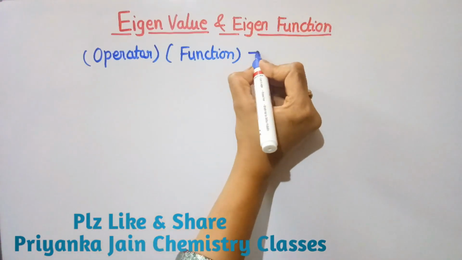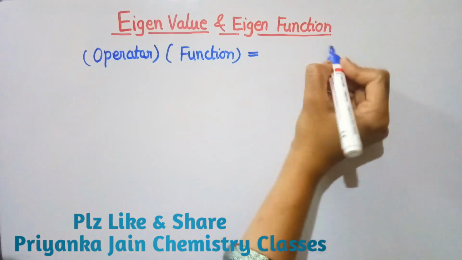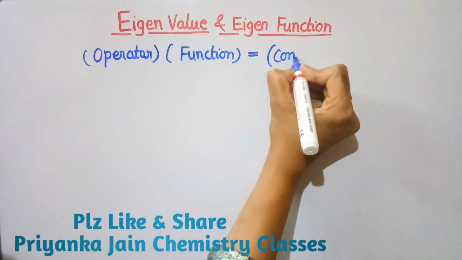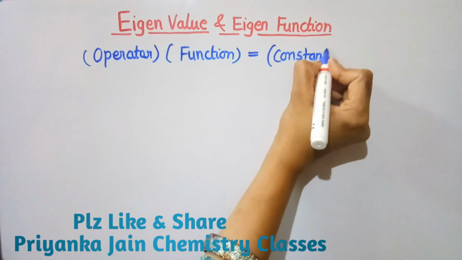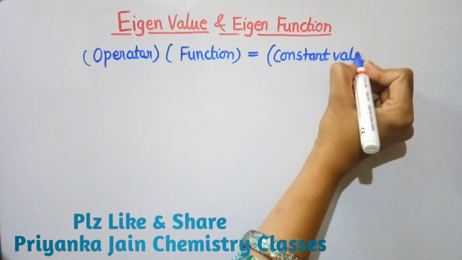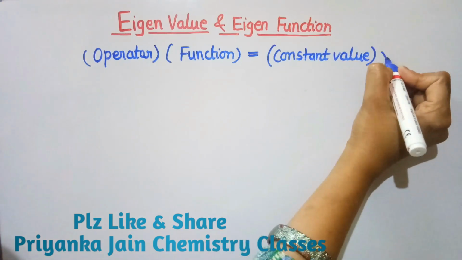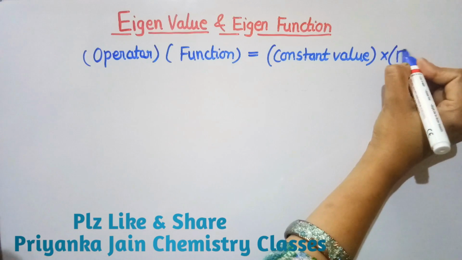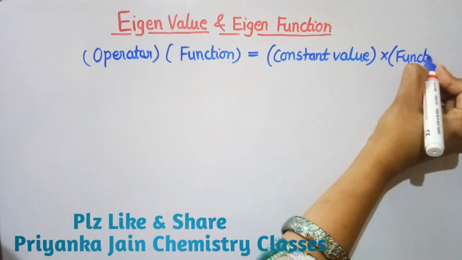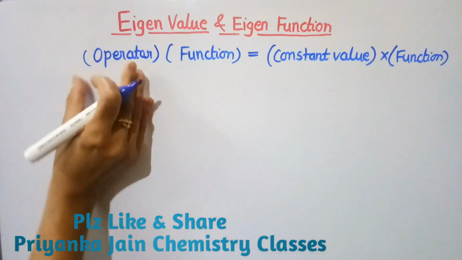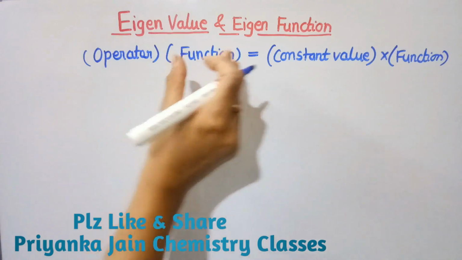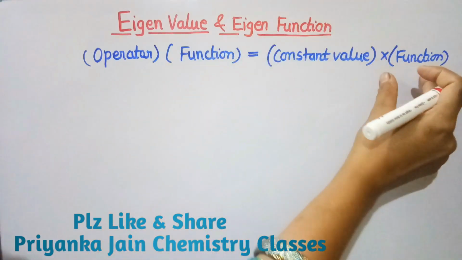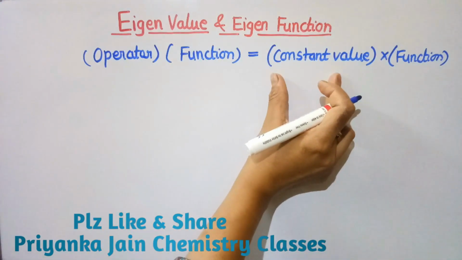And sometimes we get a constant value multiplied with this function. It means we apply this operator on the function and, as a result, we get the function as it is, multiplied with a constant value.